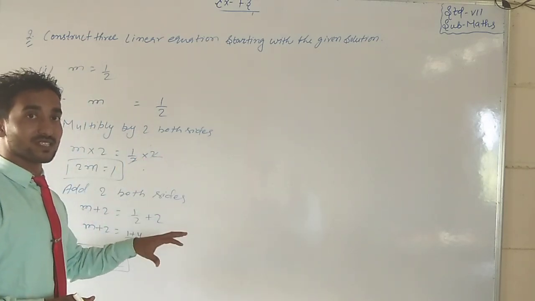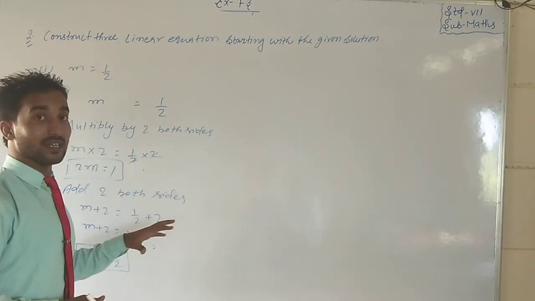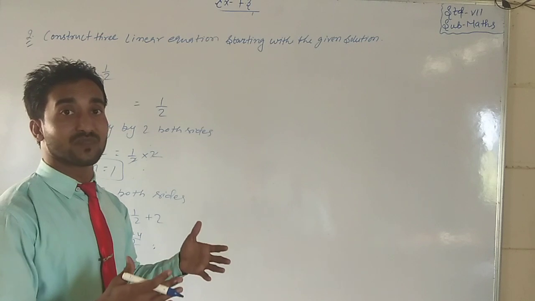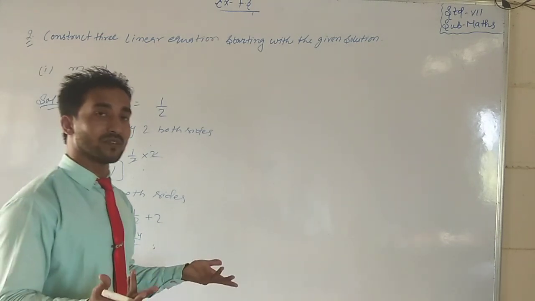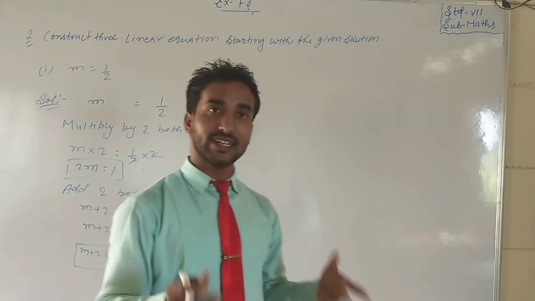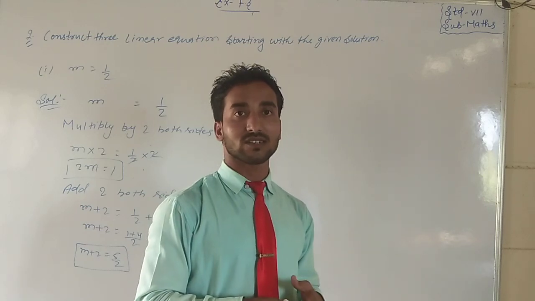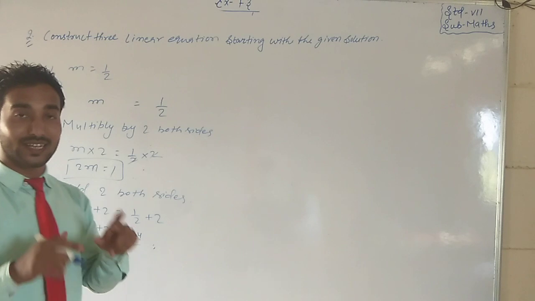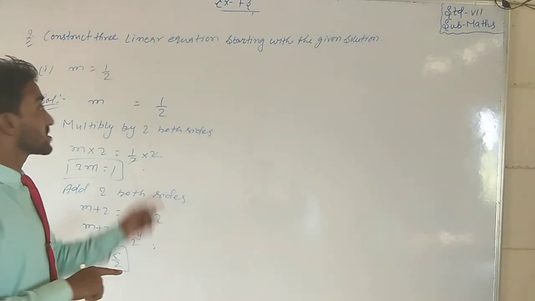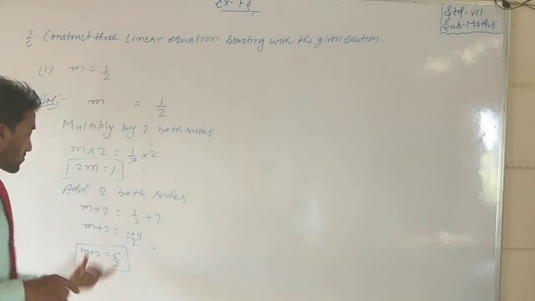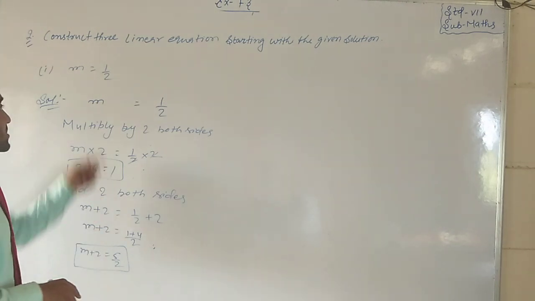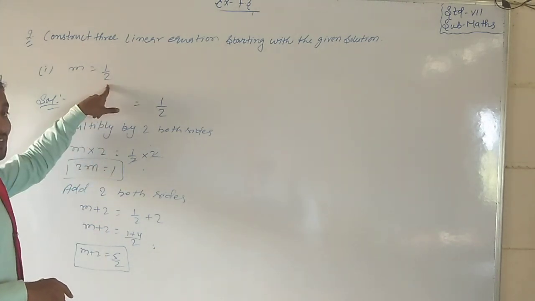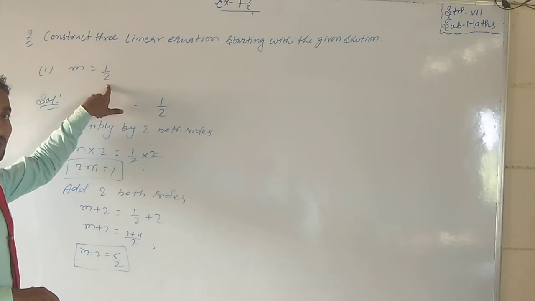The question says the answer is 1 by 2 and you have to make the equation. Questions may be asked in any way, and it depends upon us. If you solve any of these, the answer will definitely be 1 by 2.